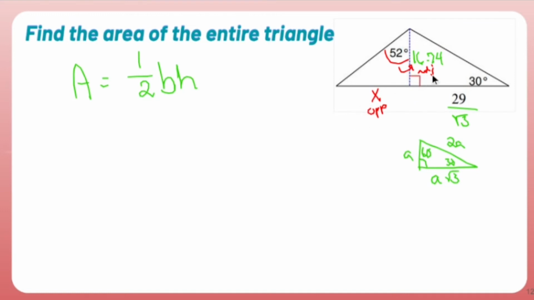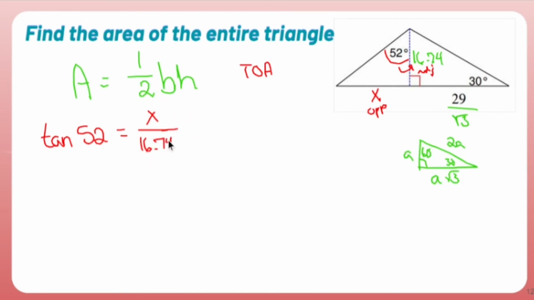If I have my adjacent side and my opposite side, that uses the TOA in SOH CAH TOA. So you set up tangent of your angle, which is 52, is going to be the opposite side, which is x, over the adjacent side, which is 16.74.